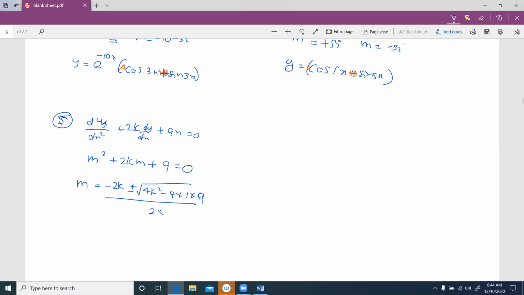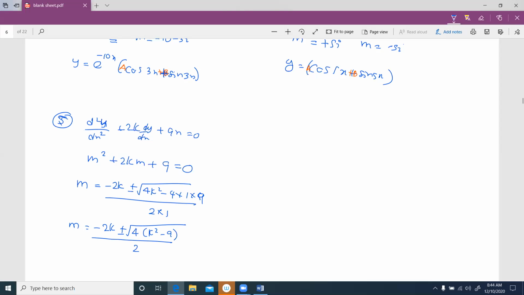So m turns out to be minus 2k plus or minus the square root of it. So you can take 4 out. If you take 4 out, it's k squared minus 9 divided by 2.